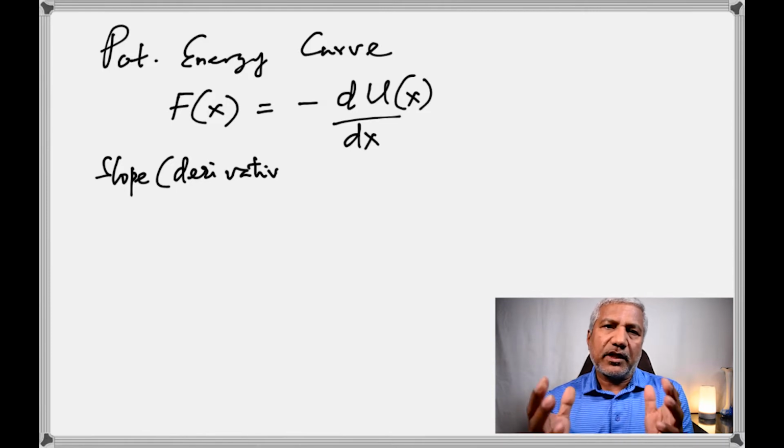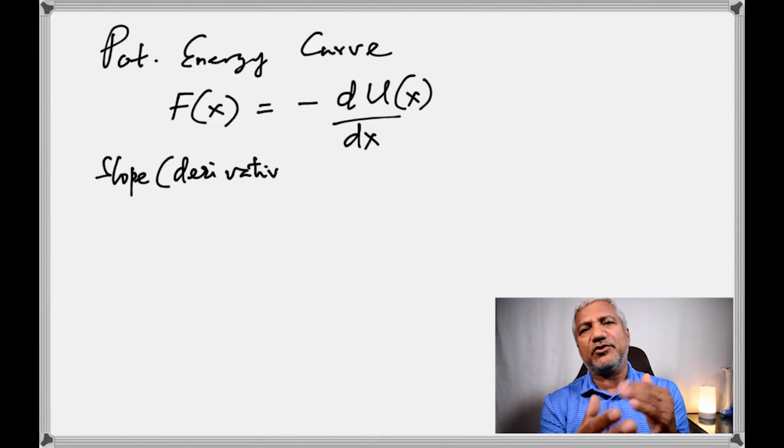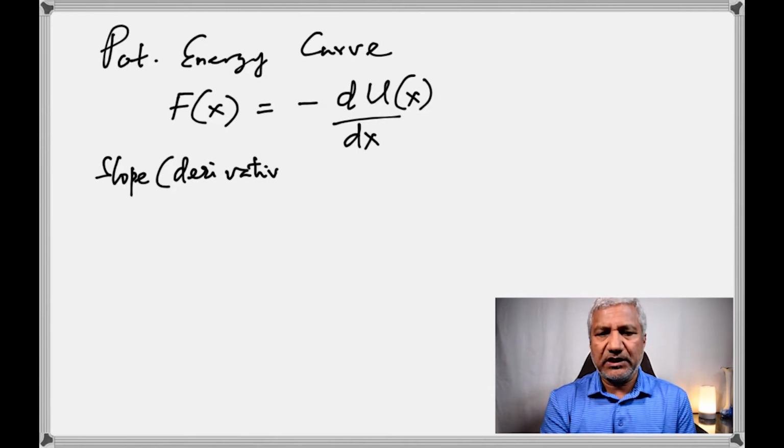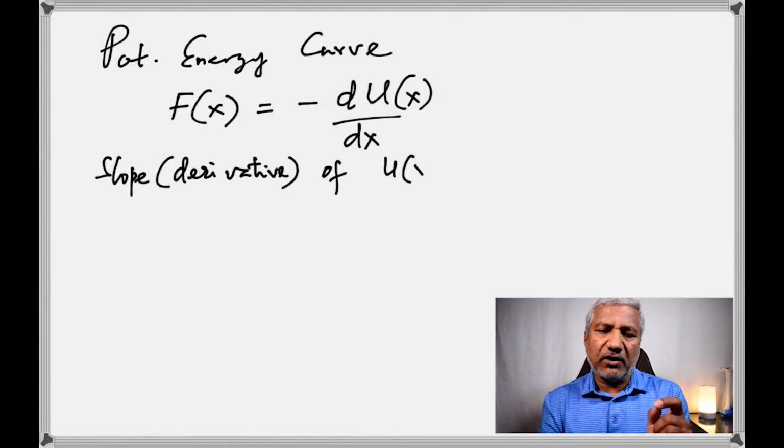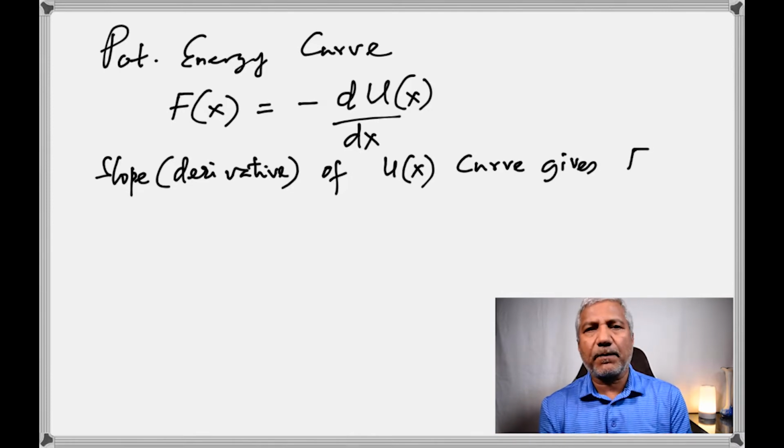And if you take the negative of the slope of the potential energy curve, you will get the force. That's what is written here. F of x is negative dU of x by dx. So the slope or the derivative of the potential energy curve gives you the force.